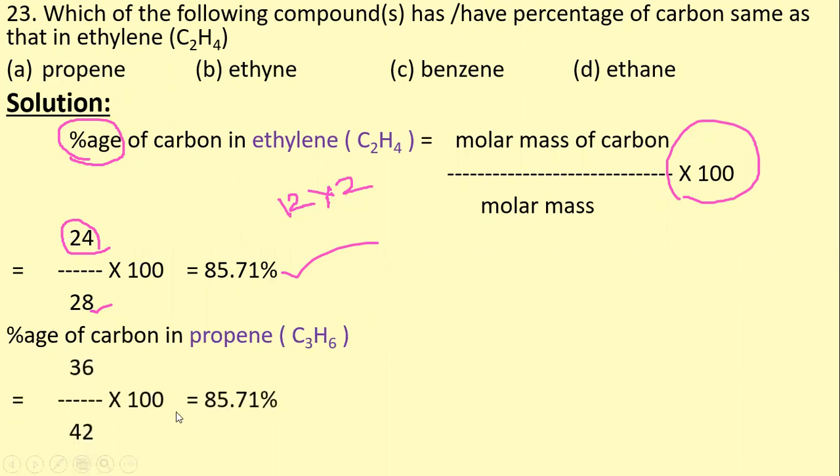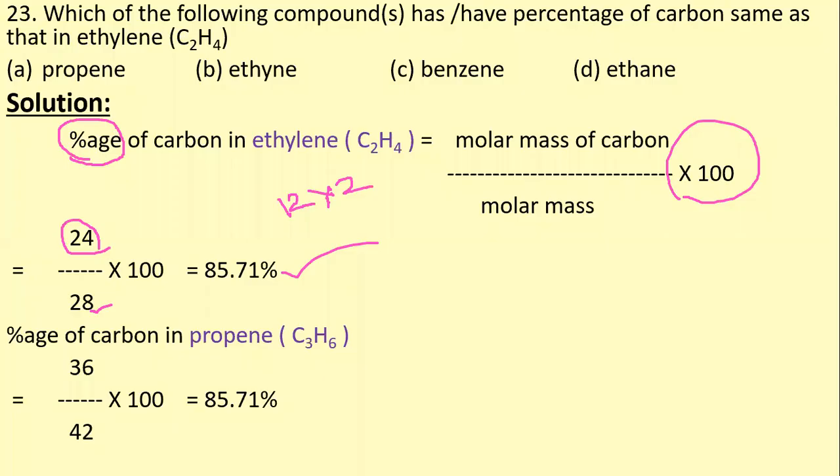So now we get the percentage value as 85.71. The same we have to calculate for the remaining options, that is benzene and ethane. Benzene is simply C6H6.